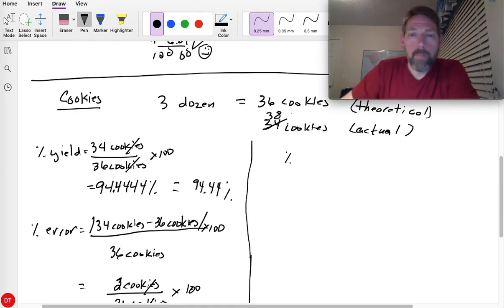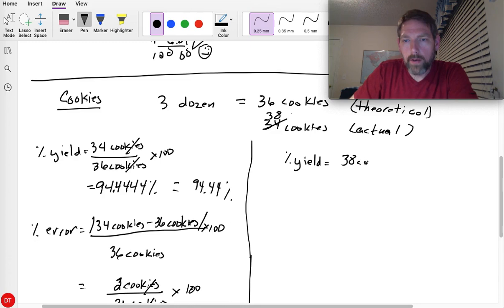All right? So let's think about this. So our percent yield, we made 38 cookies divided by what we expected, which was 36. And of course, times 100.